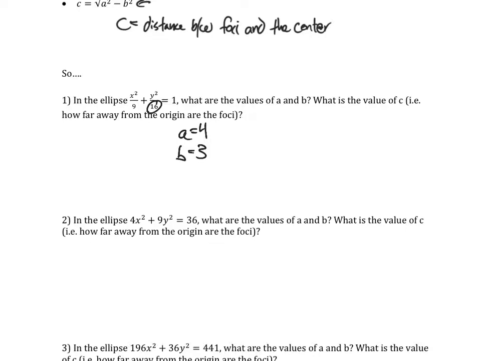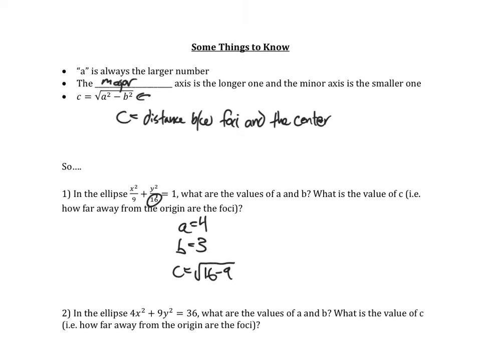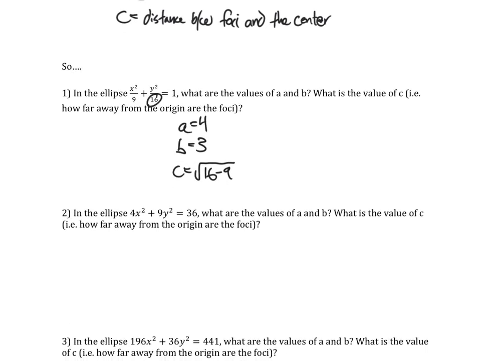And then my c value would be the square root of 16 minus 9. Notice, if we scroll back up, it's a squared minus b squared. Sorry, the 16 and the 9 are already a squared and b squared, so we don't need to square them, which means we have root 7.